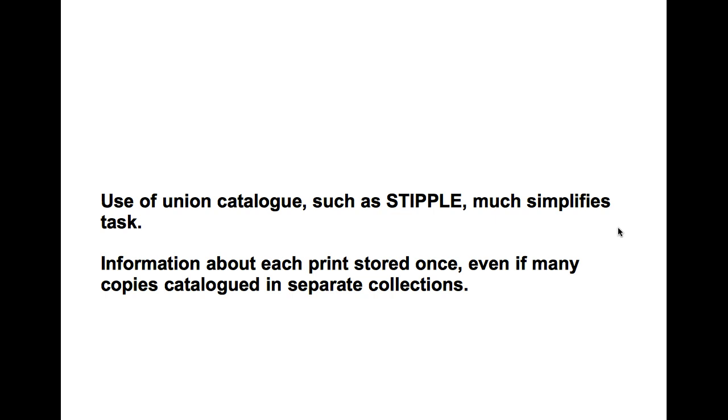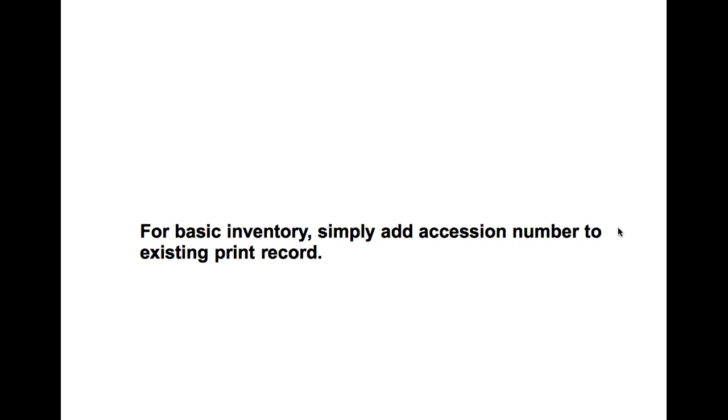If the record for a print already exists, the basic inventory entry can be created very quickly, simply by entering the accession or stock number of each print, dramatically reducing the cost and the time taken compared with creating a catalogue entry from scratch. Its date and condition, etc., can be added at the same time or later, and then images can be added if required.